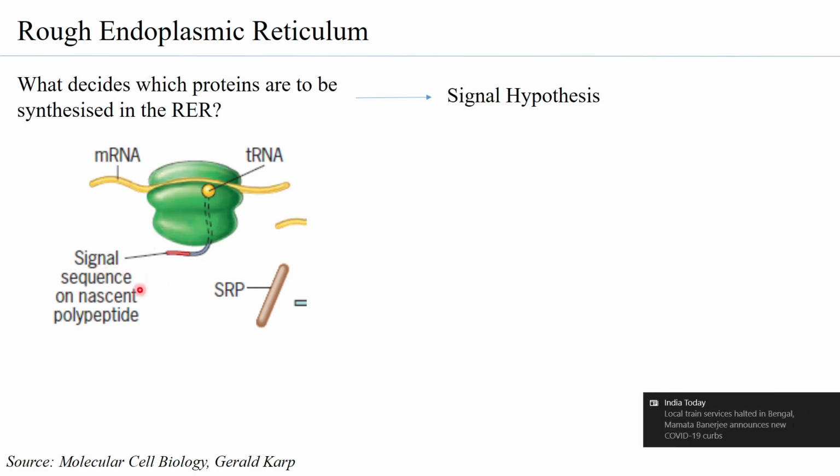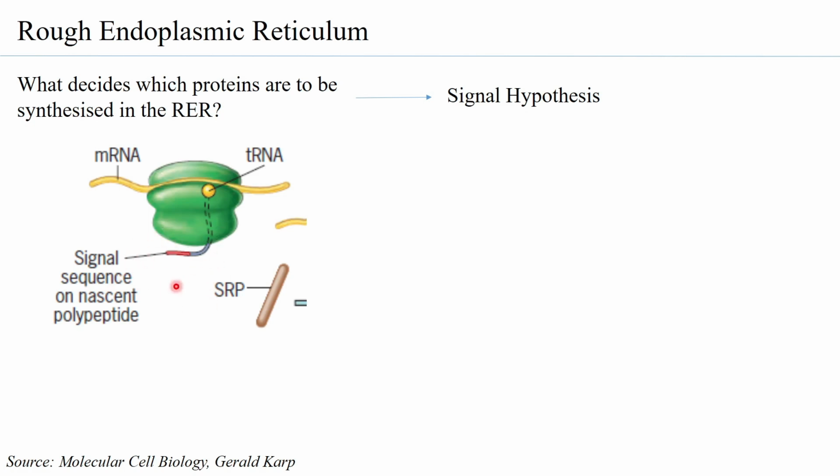This stretch of amino acids that is present on the N terminus of the polypeptide is the one that decides that this protein has to go to the endoplasmic reticulum. Those proteins that do not have the signal sequence do not go to the endoplasmic reticulum.